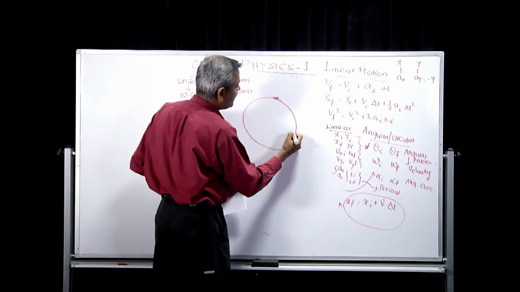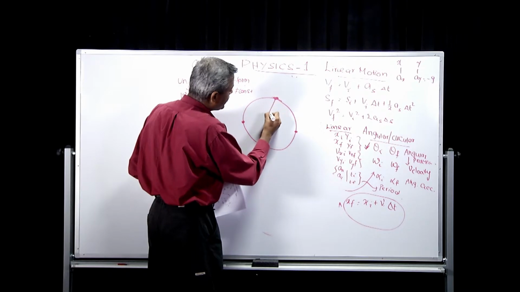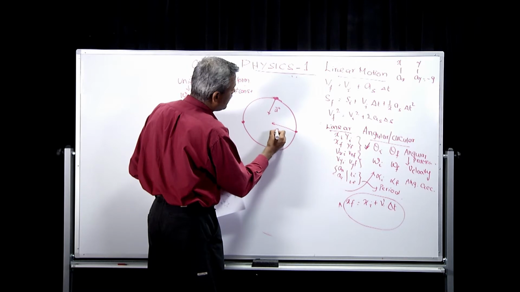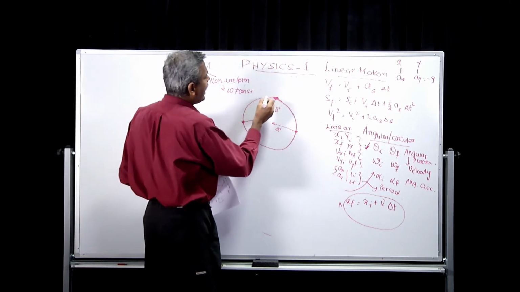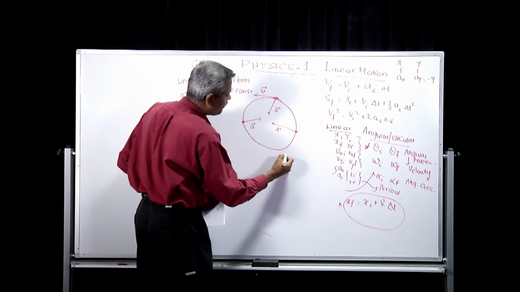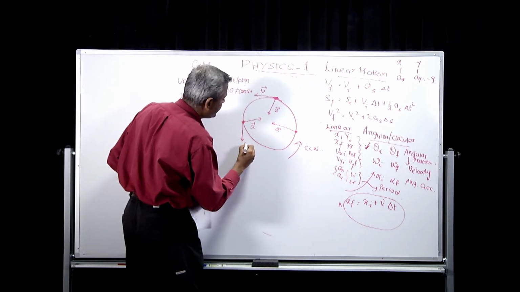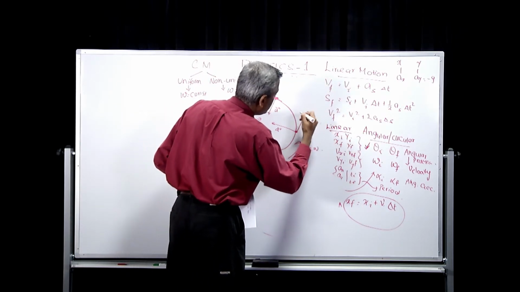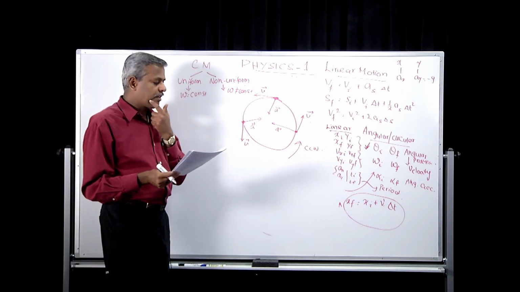For any object on the circle, the acceleration is always towards the center, and the velocity is tangential. If it is counterclockwise, the velocity is tangential. The velocity is tangential for any circular motion.